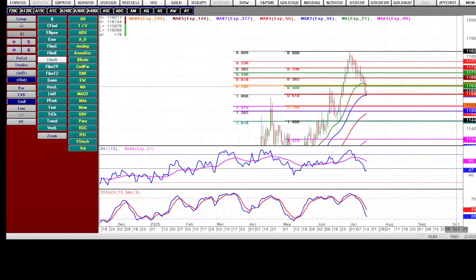So we will take it as 115 or 11530 as today's target. But since there is data out from PPI, we will take it as 115, as another figure.